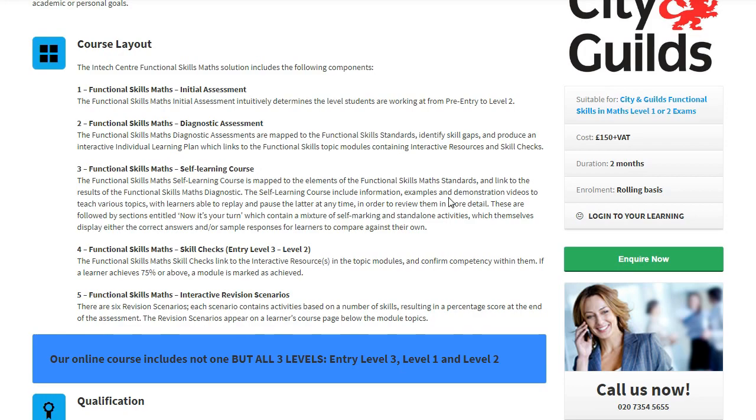By doing this, you'll be able to find out the level that you're working on, the strengths and weaknesses in this subject. On the right, you will find the cost, the duration, and the type of enrollment. Again, if you click on Inquire Now, you can be provided with more information about the course and when you could start.